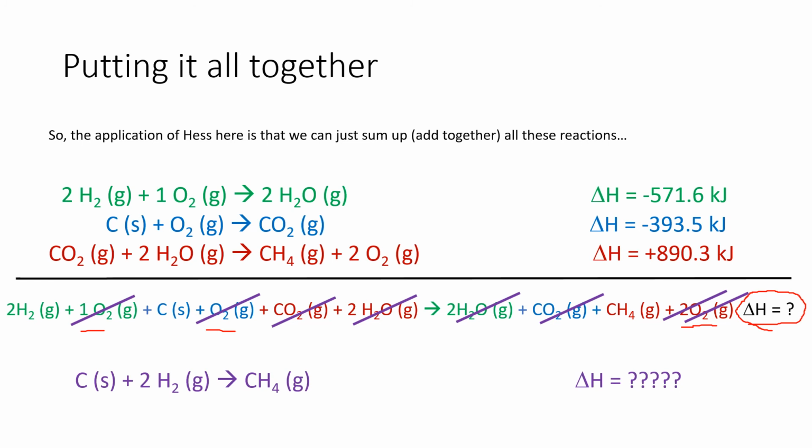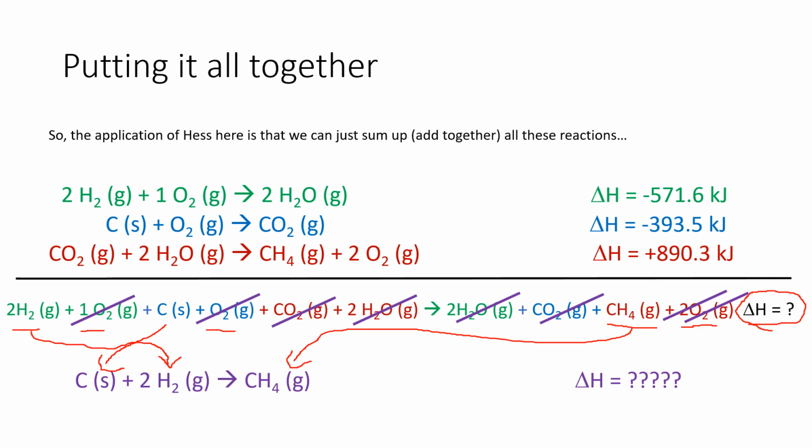What do I have left? I've got this carbon right here, and I've got this hydrogen, two of them left right there. Everything else canceled out. On the product side, everything is canceled except for my CH4 right there. So I've got this much simpler equation now by canceling all that stuff out.